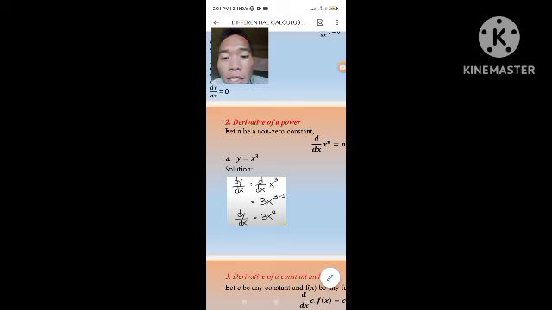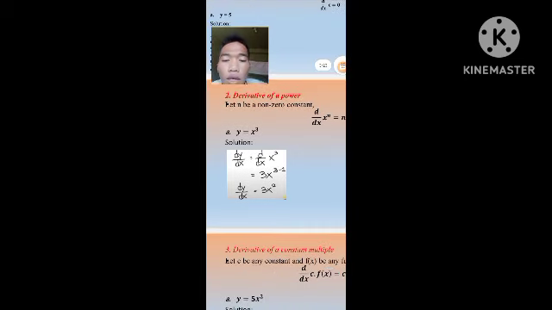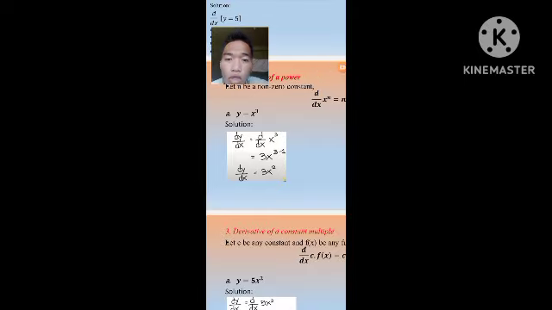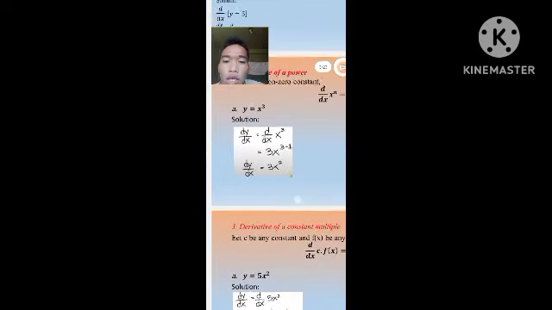So we have 3x raised to the power of 3 minus 1. So we have the answer of 3x squared, because our exponent is subtracted by 1, so it becomes squared, or 2. So this is the answer.